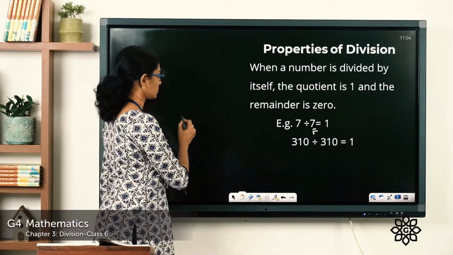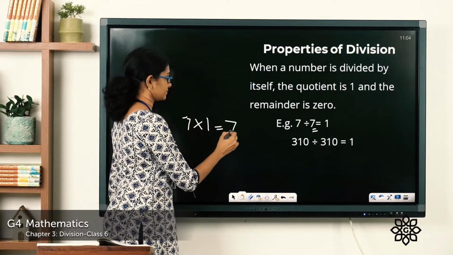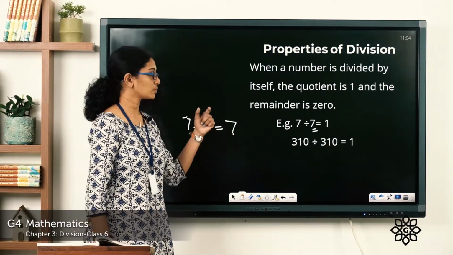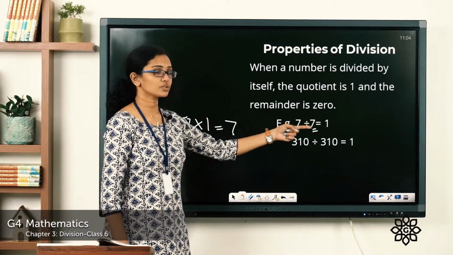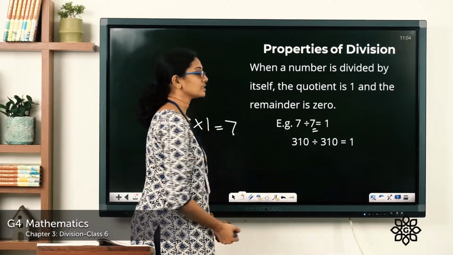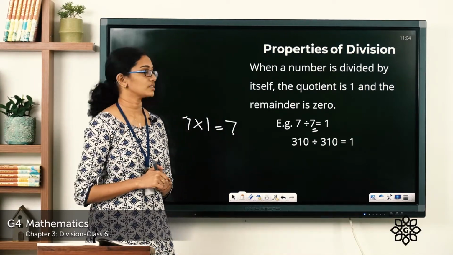So we know 7 ones are 7. So here we have 1 as the other factor or the quotient. So we can say any number divided by that number itself gives you 1 as the quotient.